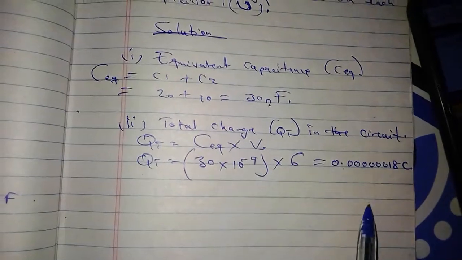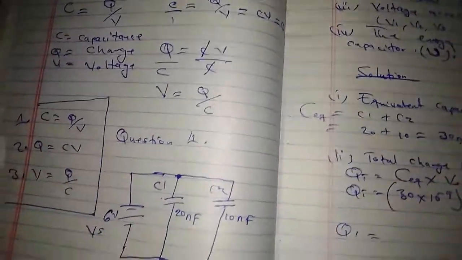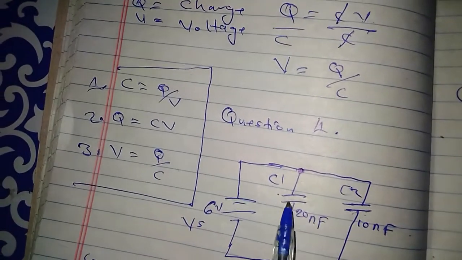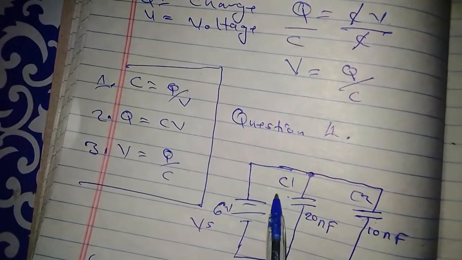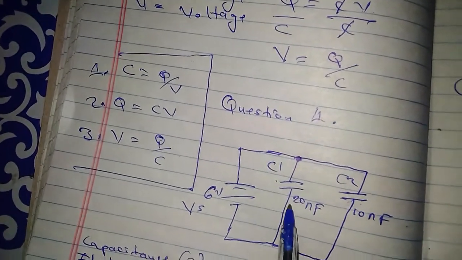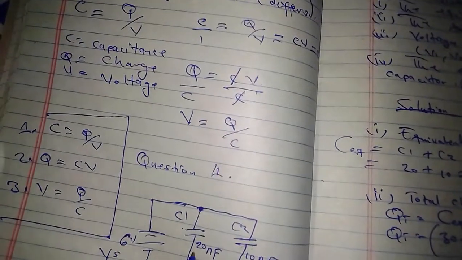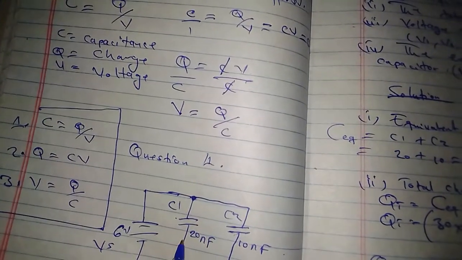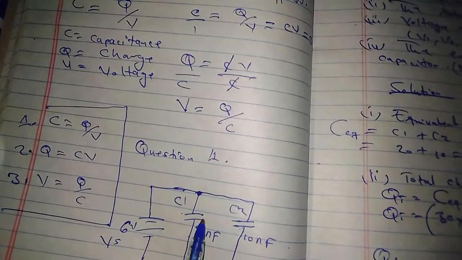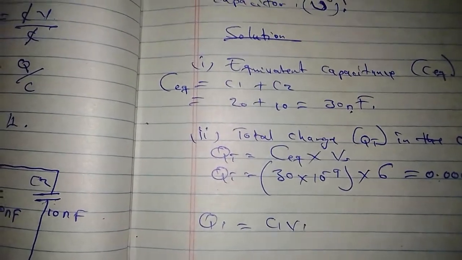We can also use the Q formula, whereby we know that Q is equal to CV, but we are working on a capacitor basis. So here we'll take C1 times V1. And we know that voltage is common in this particular circuit, that is a parallel circuit. So Q1 is equal to C1 V1.